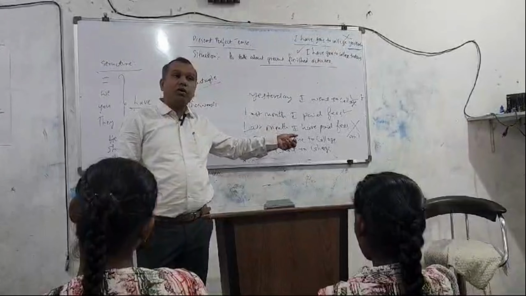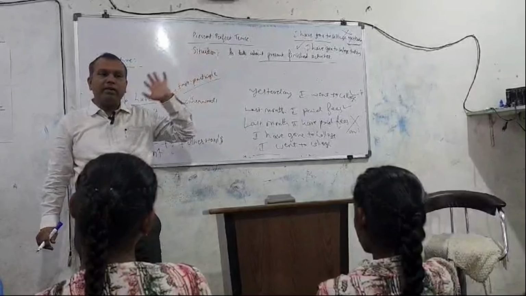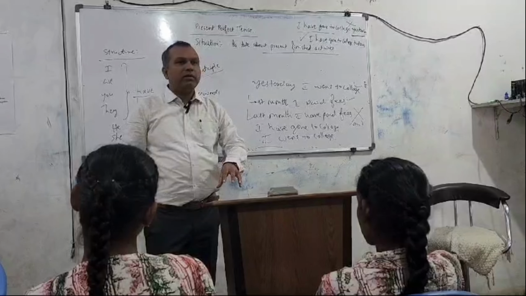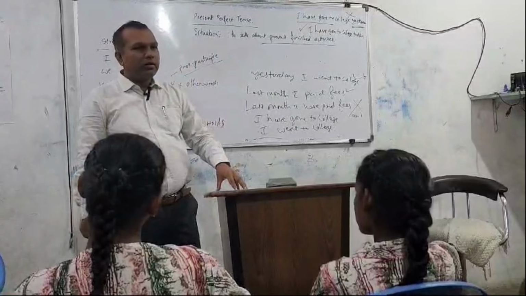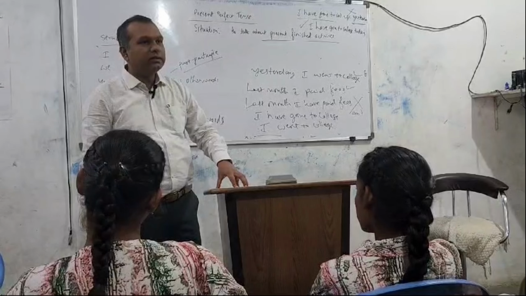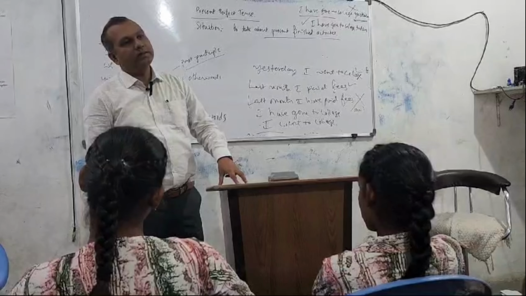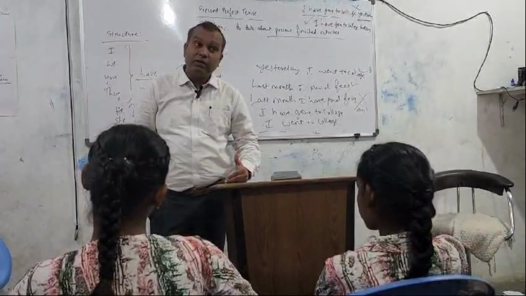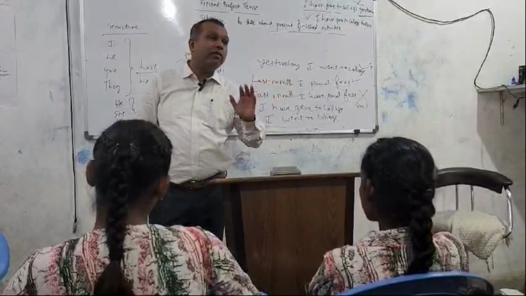But I have gone to college, that means right now I am in college. I went to college, but whether I am in college or not in college, I do not know. Maybe I am in college, maybe I am not in college. I am in some other place.